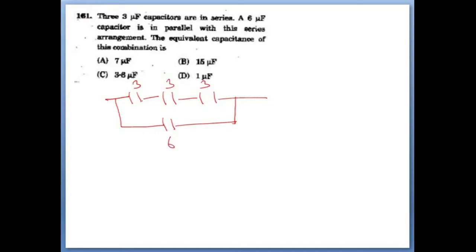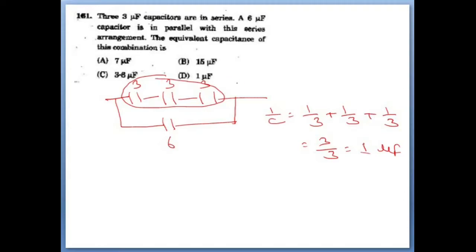What will be the resultant capacitance for these 3 in series? 1 by C is equal to 1 by 3 plus 1 by 3 plus 1 by 3, it will be 3 by 3. It means 1 microfarad. Now this 1 microfarad and 6 microfarad are in parallel.